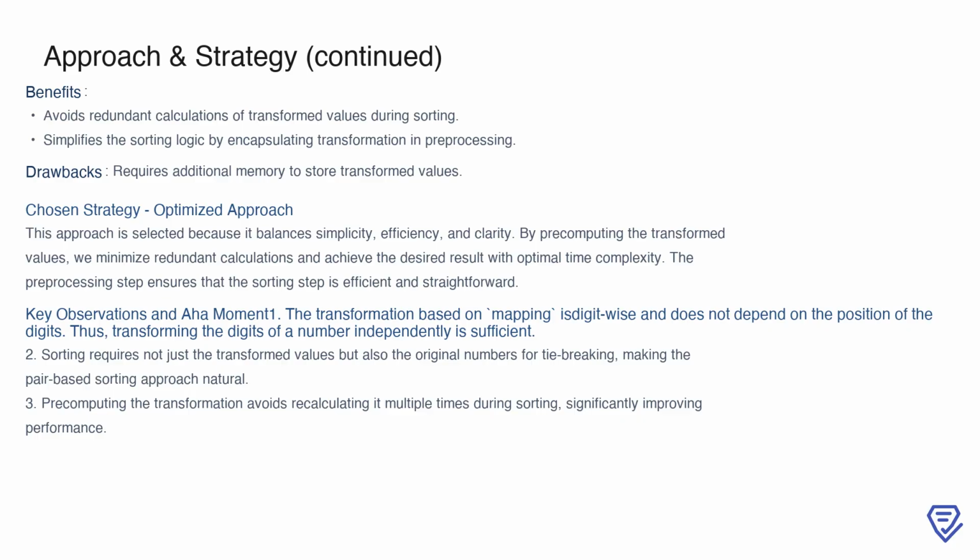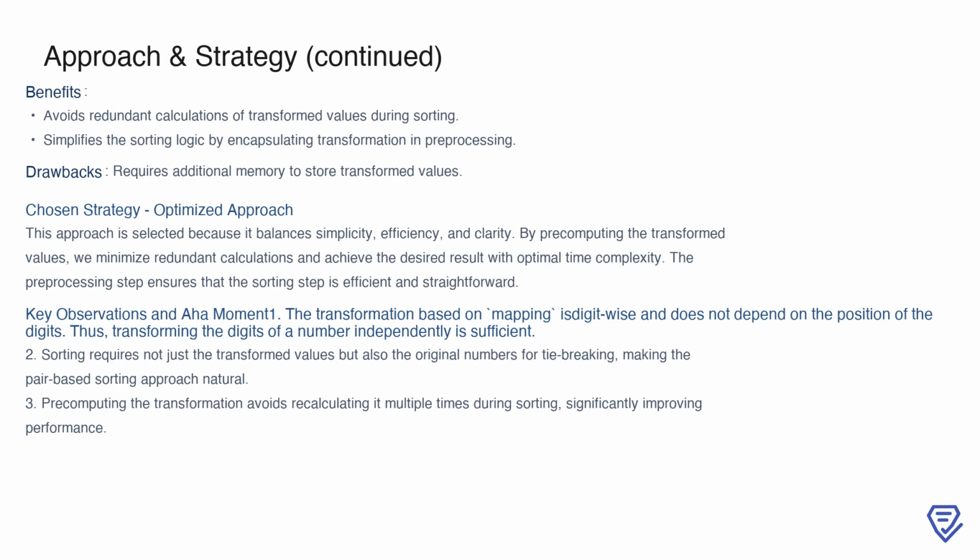This separation of concerns allows us to focus solely on efficiently sorting the pre-computed pairs, making the method cleaner and faster. Additionally, this approach is well suited for inputs with larger sizes, as the transformation step is performed only once for each number. However, there is a trade-off: we need additional memory to store the transformed values temporarily. Despite this, the optimized approach is the preferred strategy because it strikes a good balance between simplicity, efficiency, and clarity.